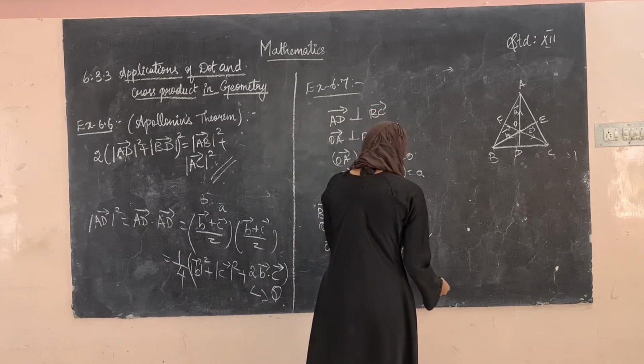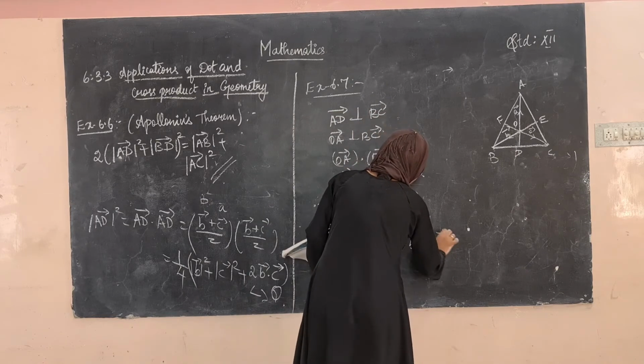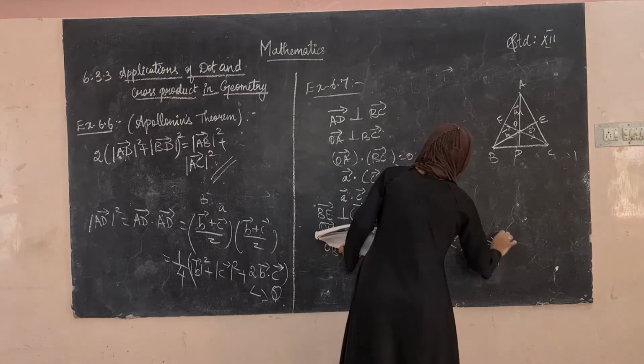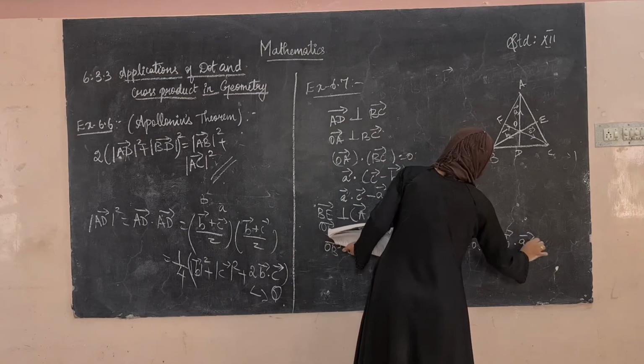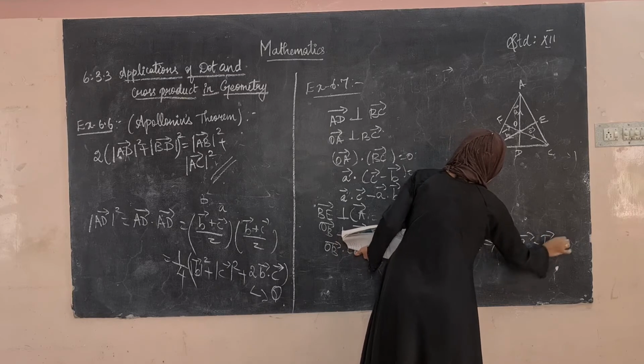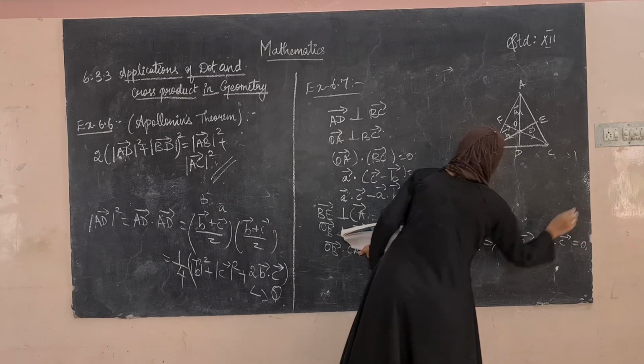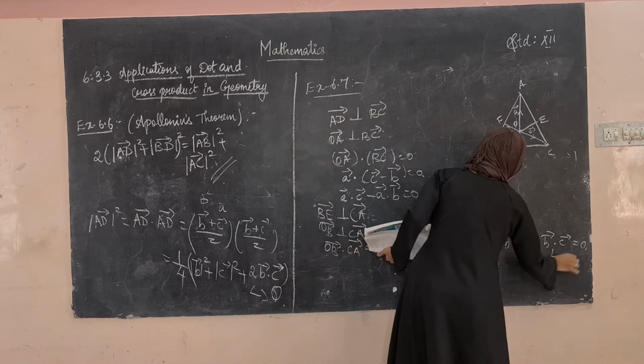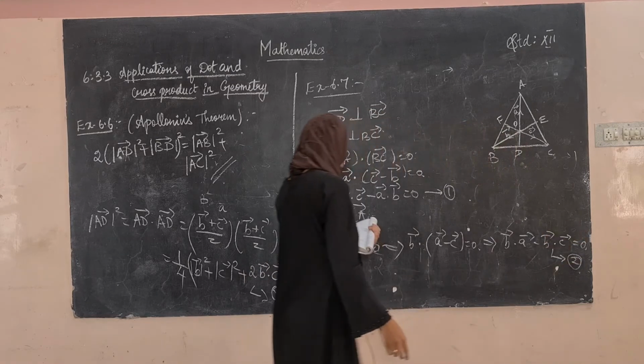CA vector is A vector minus C vector, right? So B vector dot A vector minus C vector equal to 0. This can be written as B vector dot A vector minus B vector dot C vector equal to 0. Let this be 1 and let this be 2.